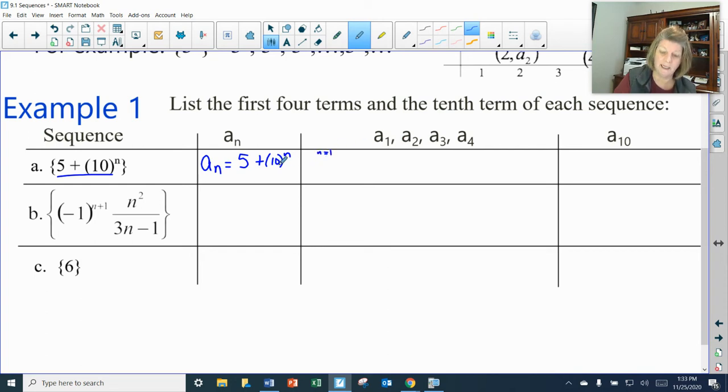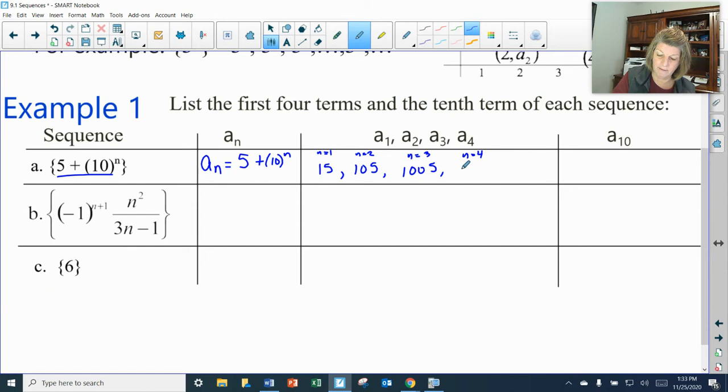I put 1 in, I get 5 plus 10 is 15. When n is 2, I put in 2, that's 100 plus 5, looks like 105. Third term, n would be 3. That'd give me 1,000 plus 5, so 1,005. A sub 4, n would be equal to 4.